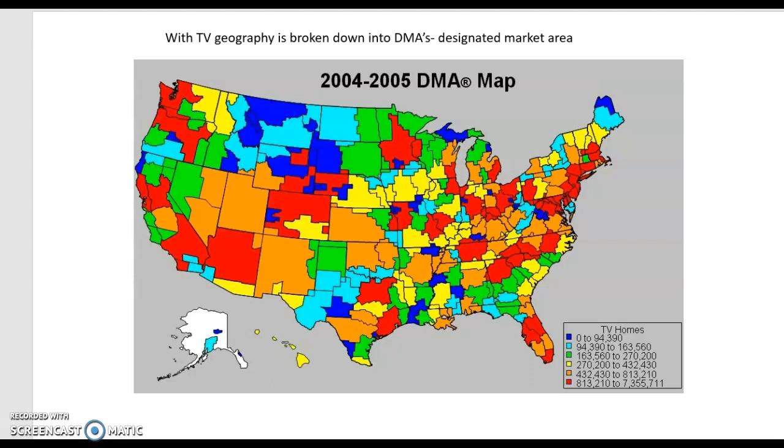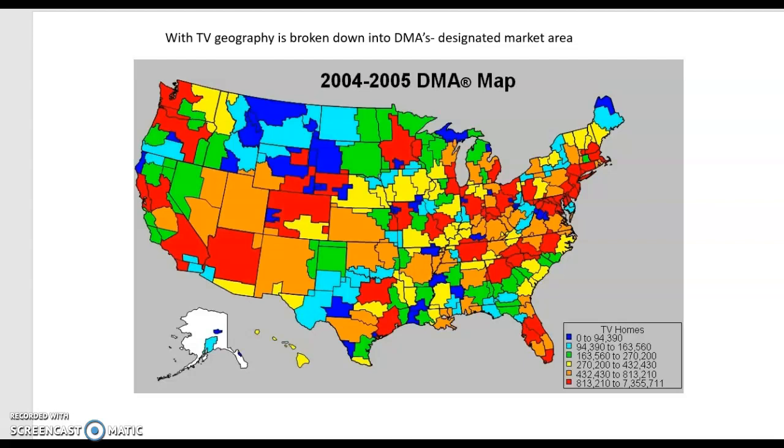You remember how radio was sold by area of dominant influence, ADIs, which were determined by Arbitron, kind of the measurement company for radio ratings and geography. So these are DMAs, how TV geography is broken out. And all these colored blotches here across our grand land are different DMAs.